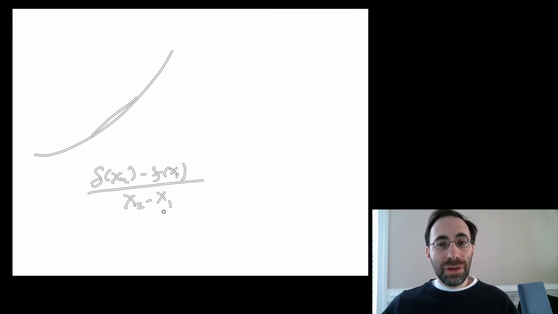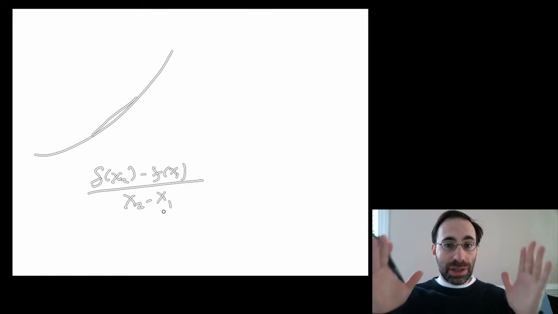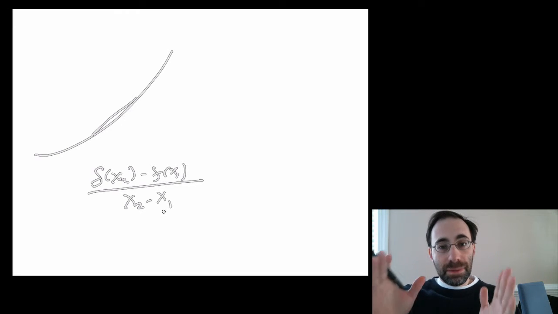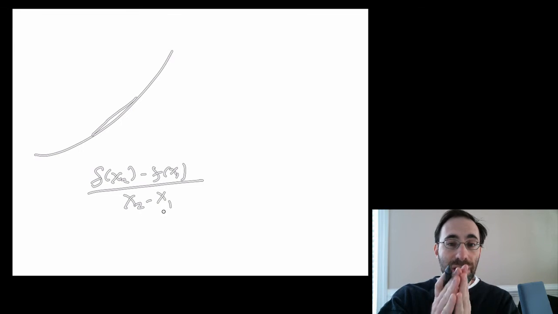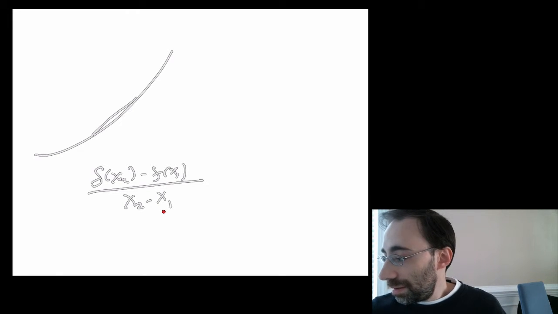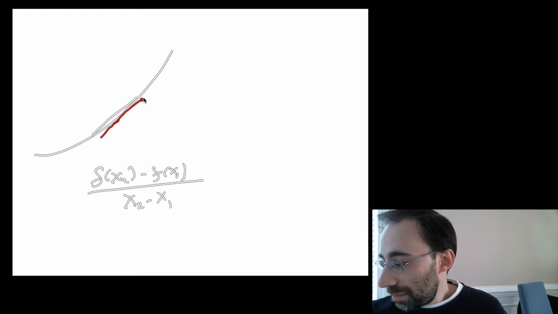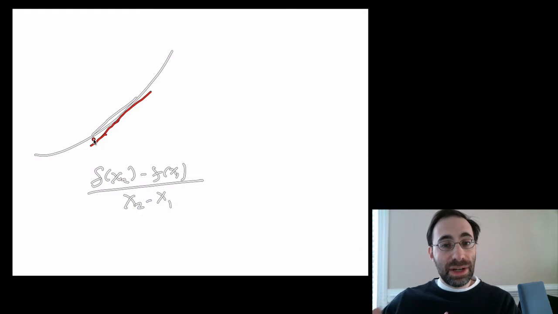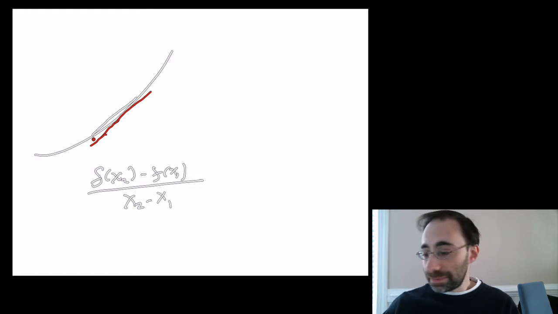Now, what we said in the previous modules was that as the distance between x2 and x1 gets smaller and smaller, the secant slowly, eventually, in the limit, becomes the tangent line, right? So this secant up here becomes, in the limit, this tangent line right here. And the tangent line is the point at which the line just intersects the curve of the function at a single point.